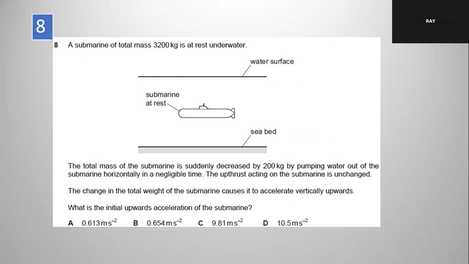A submarine of mass 3,200 kilograms is at rest underwater. The total mass of the submarine is decreased by 200 kilograms by pumping water out of the submarine horizontally in negligible time. So upthrust acting on the submarine is unchanged. The change in the total weight of the submarine causes it to accelerate vertically upwards.